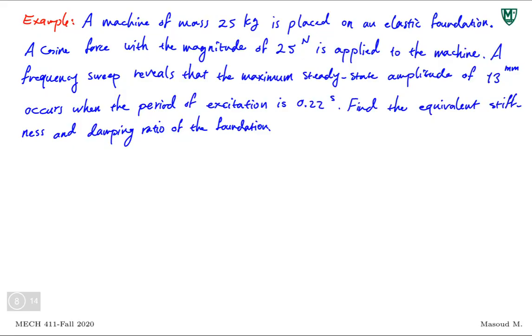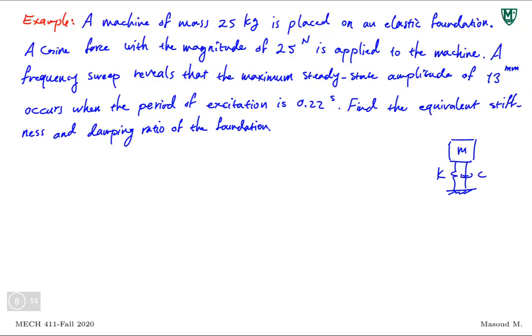This problem is trying to say that we want to find the equivalent spring mass damper system for this machine sitting on this foundation, pretty much replacing this foundation with a spring and damper. From this information, we need to find the stiffness of the spring and the damping ratio for this system, for some, let's say, modeling purpose.